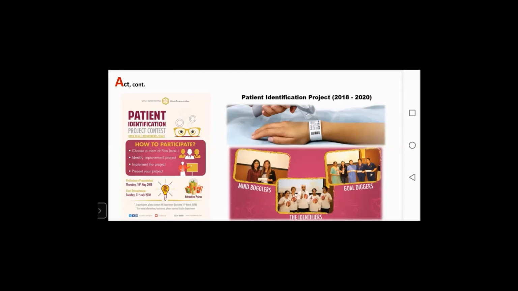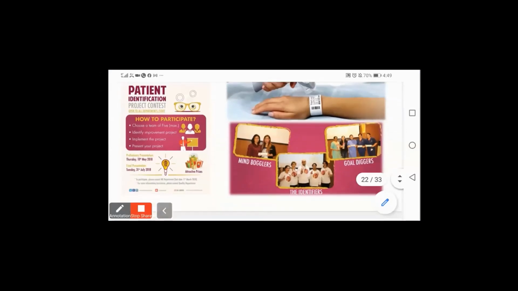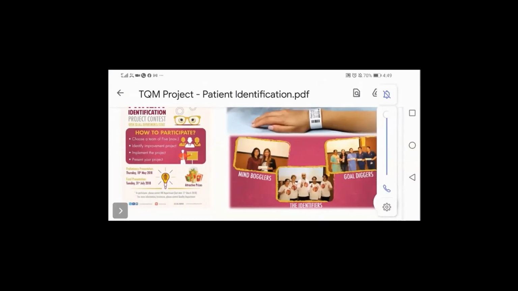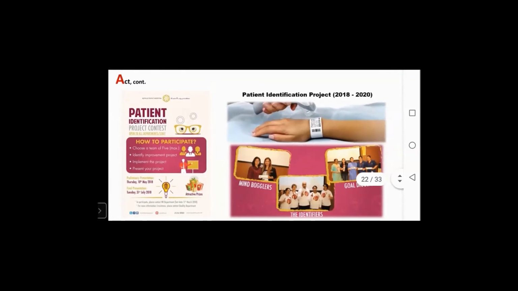Okay, Safa? Yes. Okay, so as one of the questions, if you empower the staff, they will solve problems. This is what we've done. We made a contest, and the staff started to rush to register in this contest.